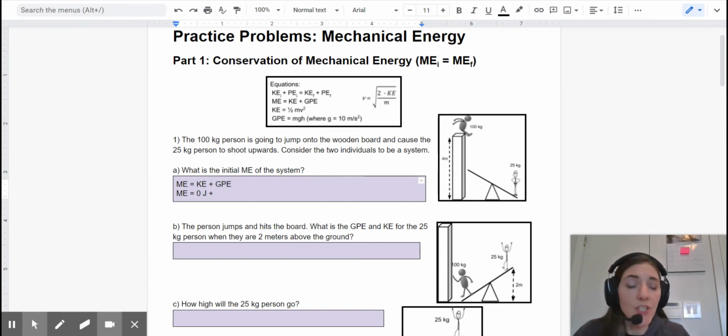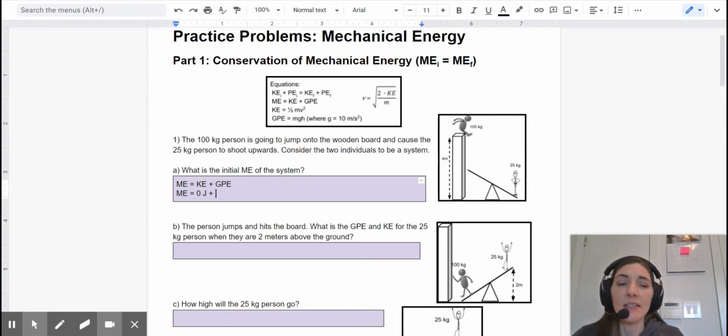There's one person contributing to the GPE of the system, and the other is not. We have this 100 kilogram person who is 4 meters high, and a 25 kilogram person who is at ground level.